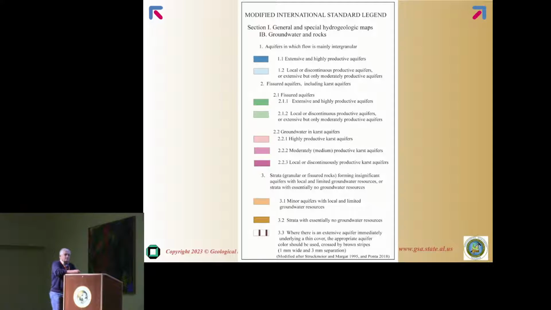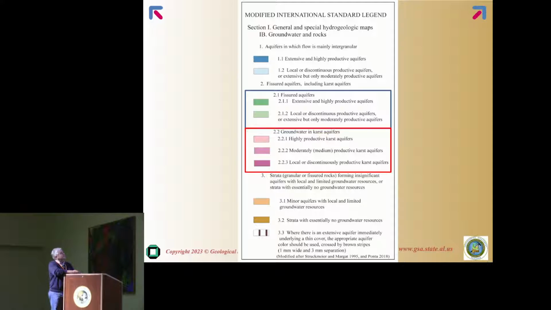And to me, it was much easier to figure out the limestone on a hydrogeologic map, and I made an additional category in groundwater and karst aquifer: highly productive, moderate, and local discontinuous productive.